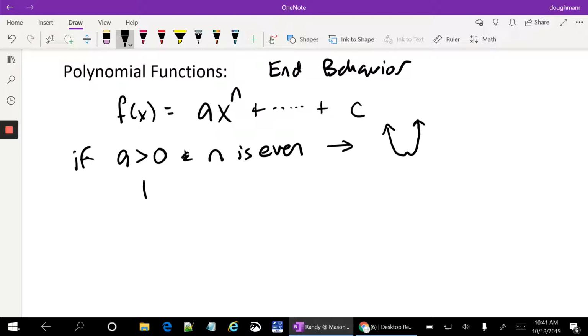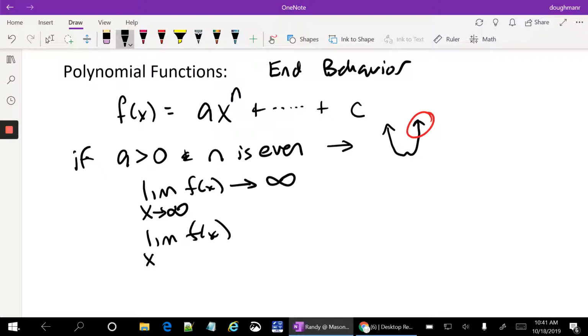And we now know that the limit as x goes to positive infinity of f of x goes to infinity. We're talking about right there. And the limit of f of x as x goes to negative infinity also goes to infinity.